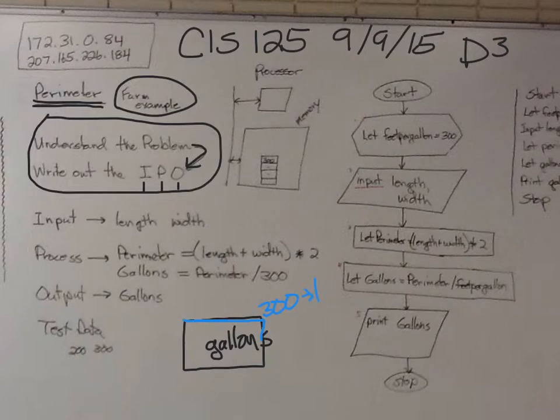Okay, so he needs to know the perimeter, the distance all the way around, in order to figure out how much paint he needs. So we're going to input the length and the width. You could determine that either way. So we're going to use these two variables.